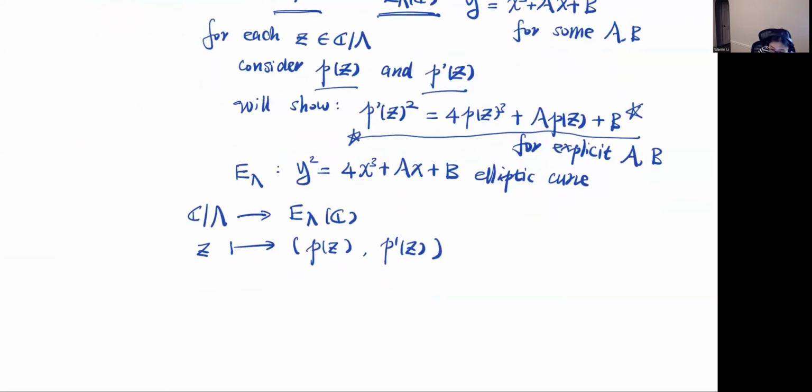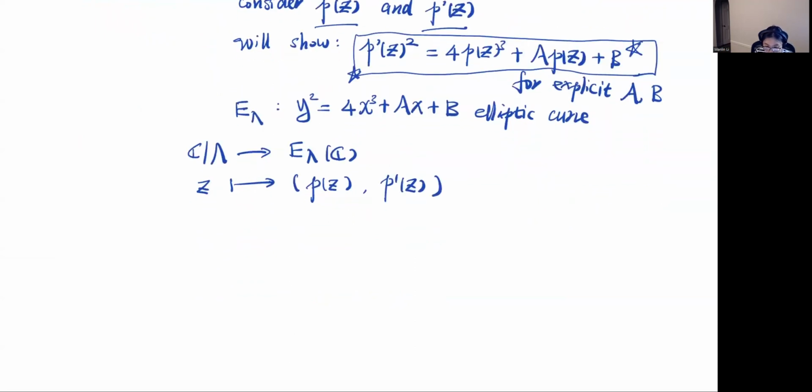Okay, great. So how do we show this? To show this, first of all, let me make a definition, because I want to define some constants A and B associated to a lattice.